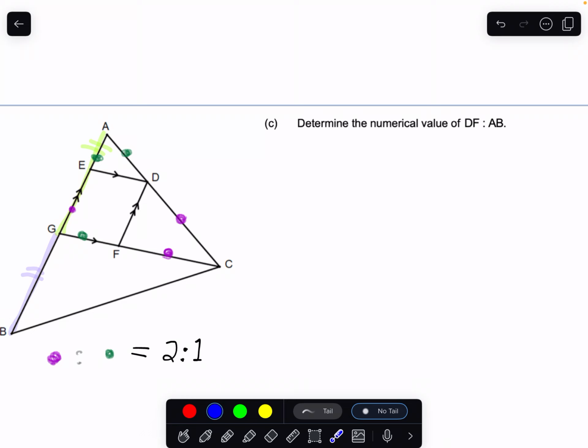In other words, if DF is 10 units long, then this is 15 units long, and this is also 15, which means this whole thing is 30. So the ratio would be 10 to 30, which is 1 to 3.